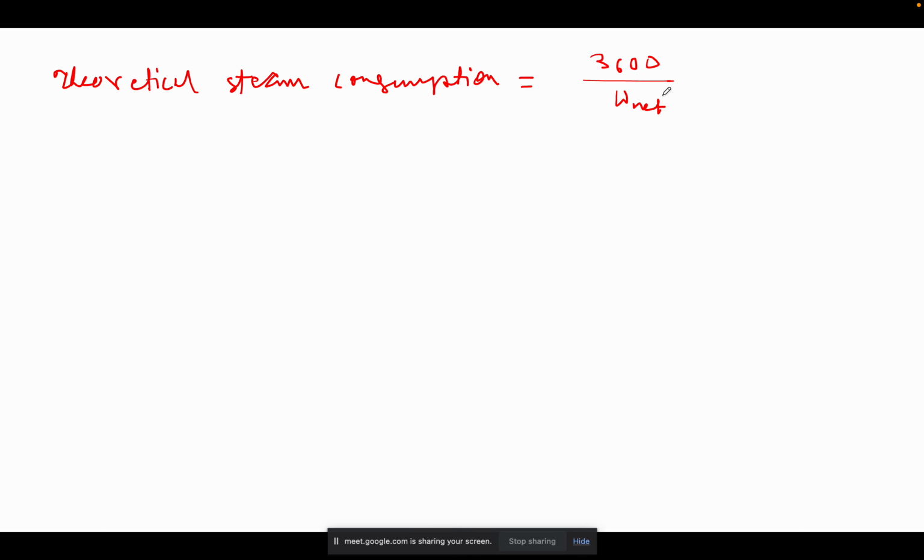Basically it is 1 by W net, but it is multiplied by 3600 in order to convert it into kg per kilowatt hour.